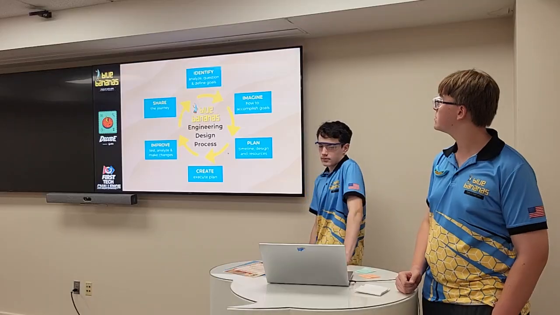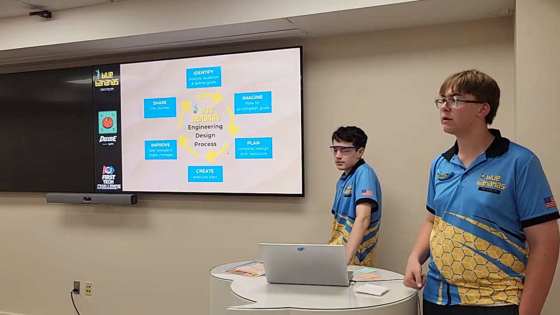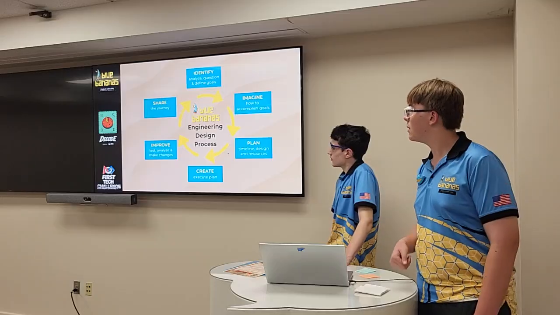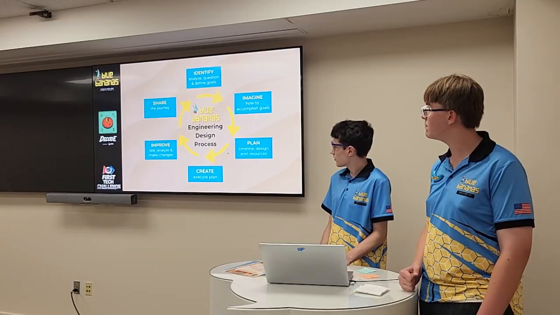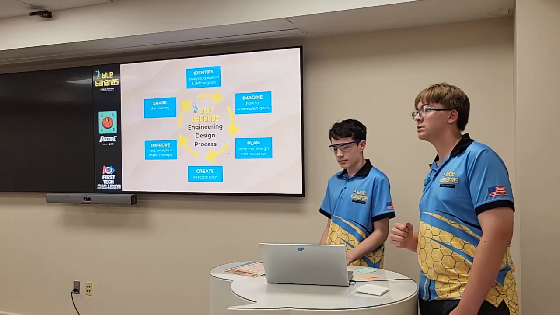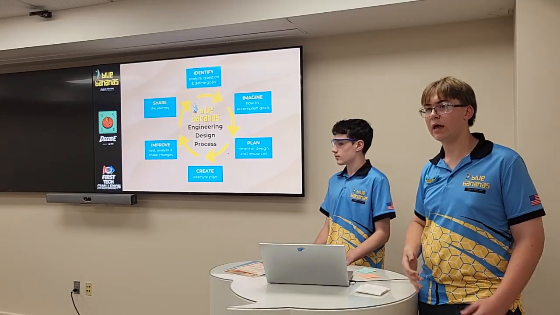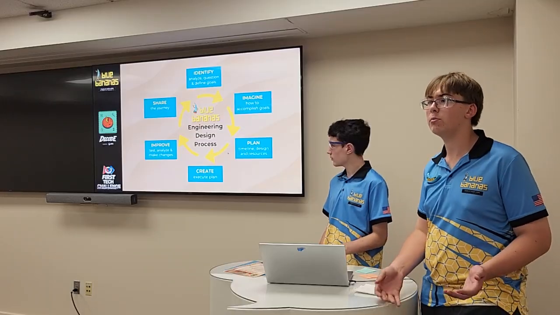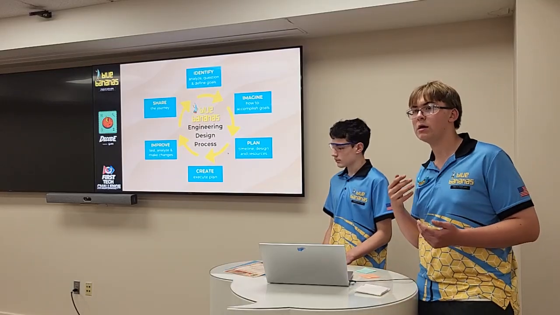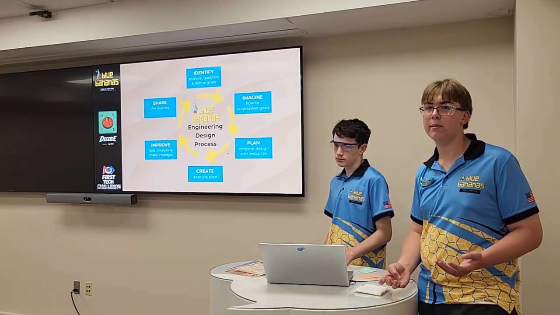To wrap this up, try to keep in mind that the engineering design process is a complete cycle. So once you get to the last step in your engineering design process, you can start again or skip to another step. This means that if you've created your thing, improved it, and shared it to the community, you can still always use that robot or your team and improve in ways that you've seen that might want to be better.